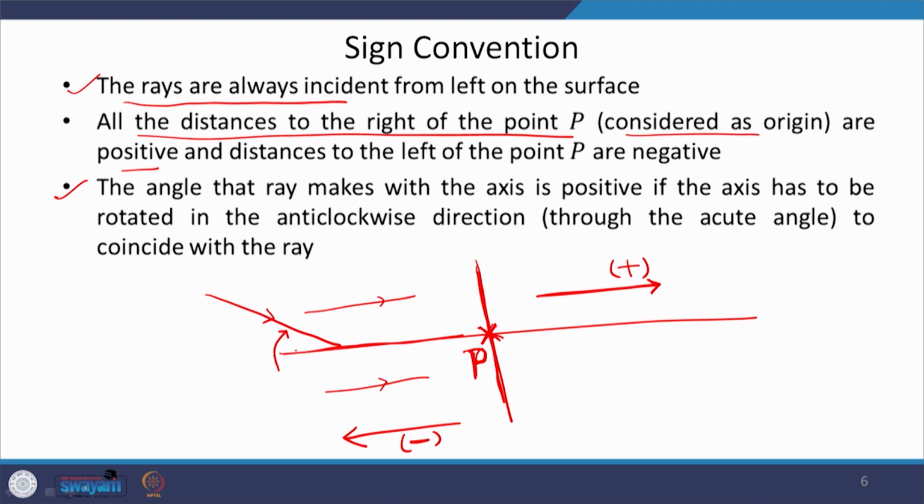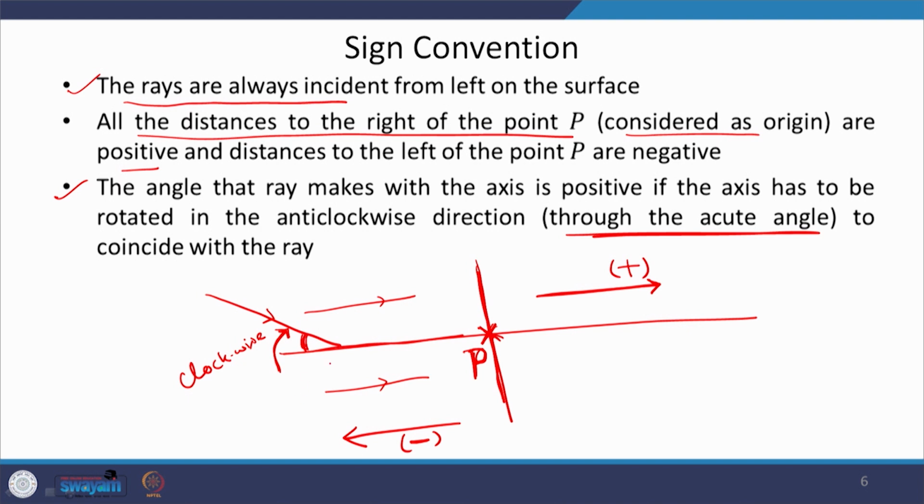This rotation must always happen through the acute angle, and of course, this is our acute angle. Therefore, we will have to rotate this axis in the clockwise direction. You can see the direction of this arrow is along the clock. This is clockwise rotation, and this is of course an acute angle.